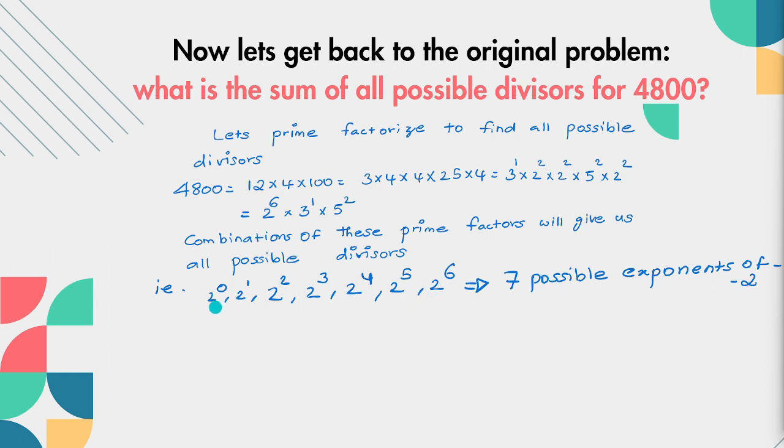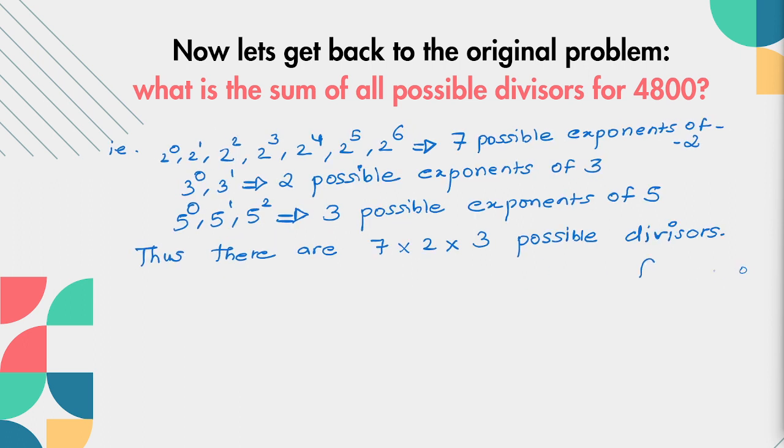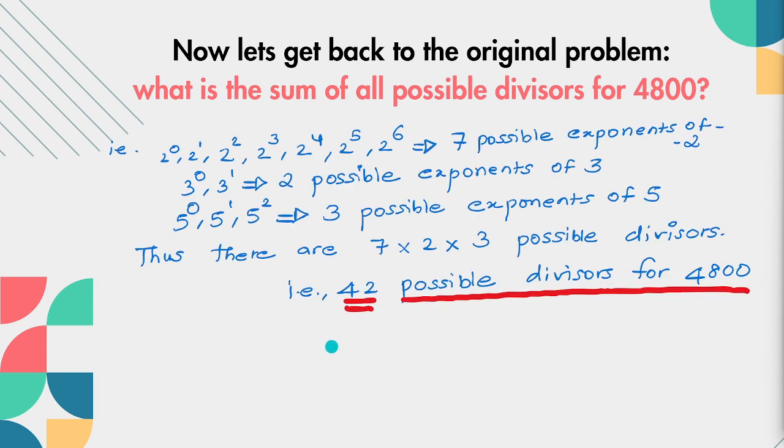And there are 7, because you have 2 to the power 0, 2 to the power 1, 2 to the power 2, 2 to the power 3, 2 to the power 4, 2 to the power 5, or 2 to the power 6. So 7 possible exponents of 2. Similarly, there are 2 possible exponents of 3 and 3 possible exponents of 5. And when you multiply 7 times 2 times 3, you get 42. So there are 42 possible divisors for 4800.